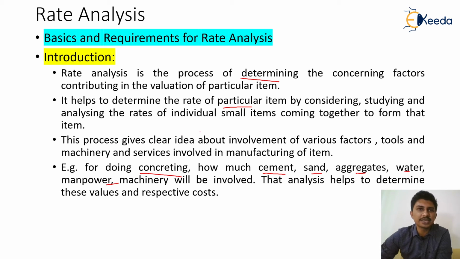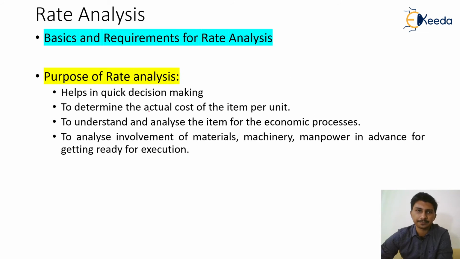This is the process which gives the idea of the involvement of the various factors, then tools and machineries, manpower, and the services. So whatever the components are involved in there, I come to know about that, and what the rates of those components are, I just observe that. So with the help of that, I do the rate analysis of the products.